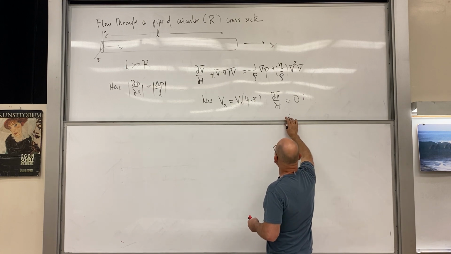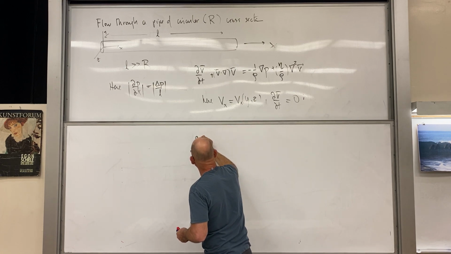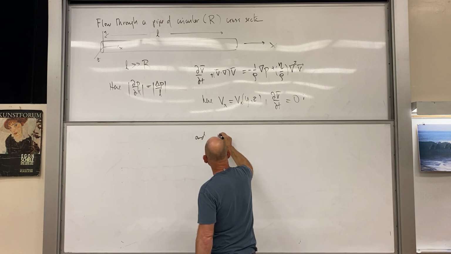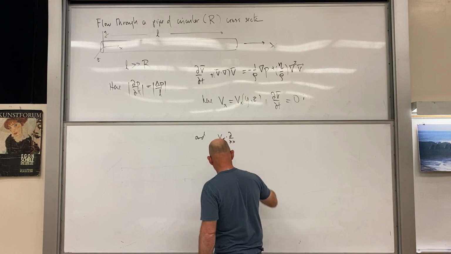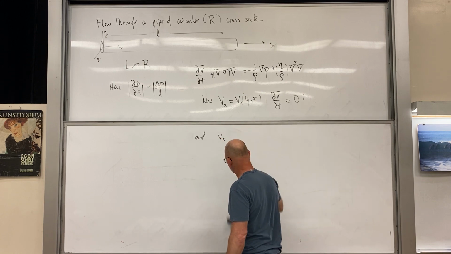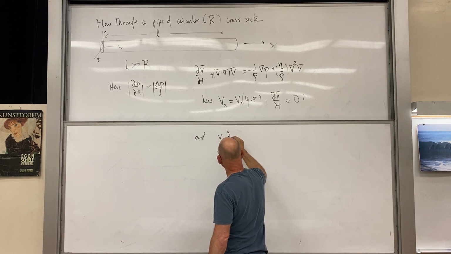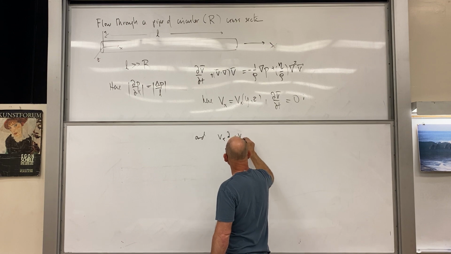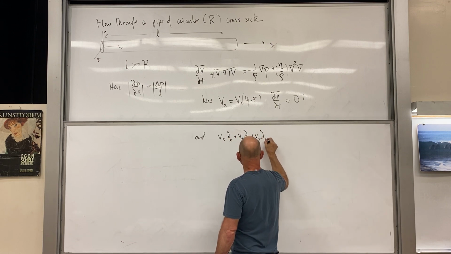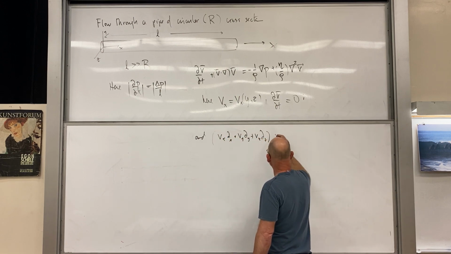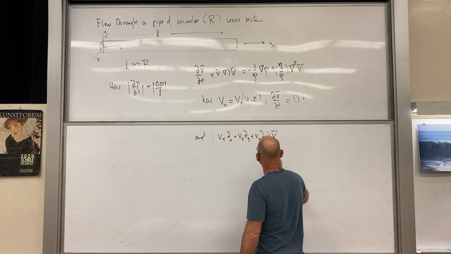So if we write out Vx dot d over dx plus dy plus dz onto V there.